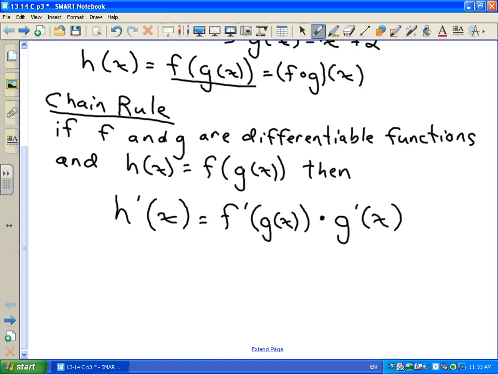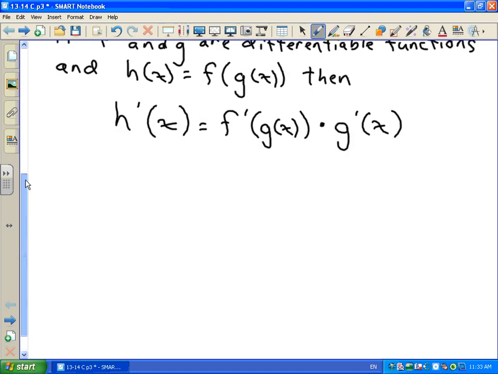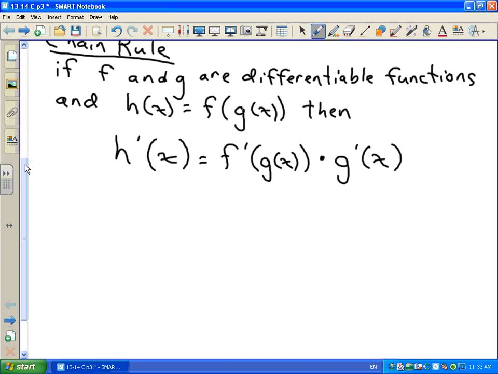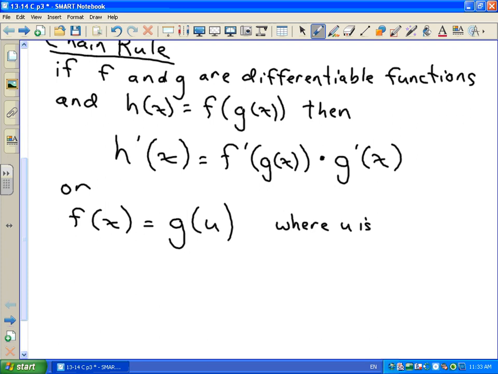Okay? And just like I used that somewhat simpler notation involving u's and v's when I was doing product rule and quotient rule, we can think of this as, let's say we've got a function f at x, which is g at u, okay, where u is a function of x.